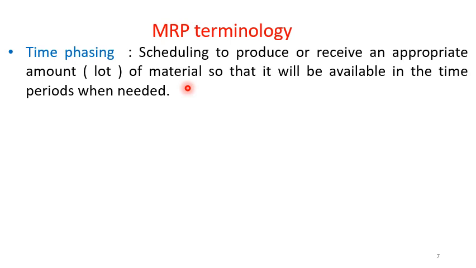Quantitative analysis is sometimes done to arrive at that particular lot, like economic order quantity, etc. So these lots will first be formulated, and the ordering, production or receipt of any material will be based on lots in most cases. So time phasing is scheduling to produce or receive an appropriate amount or lot of material so that it will be available in the time periods when needed.